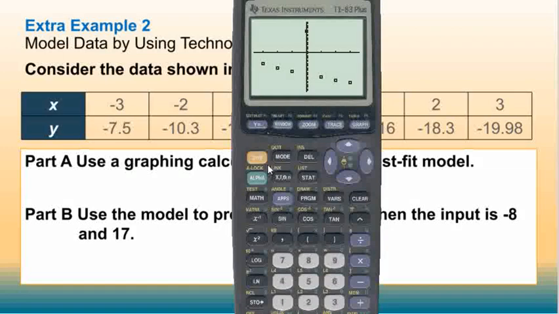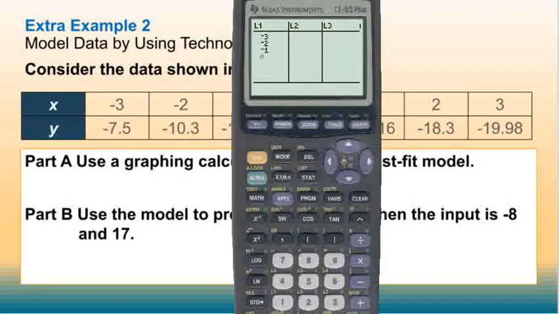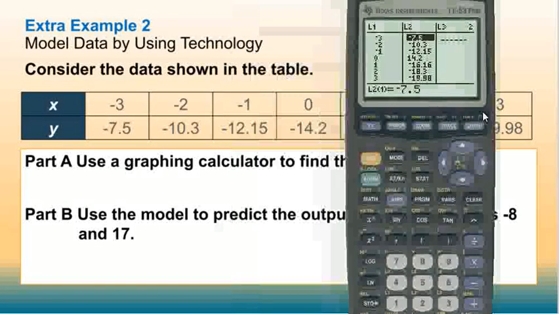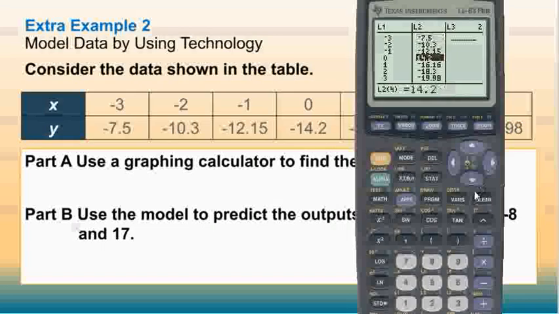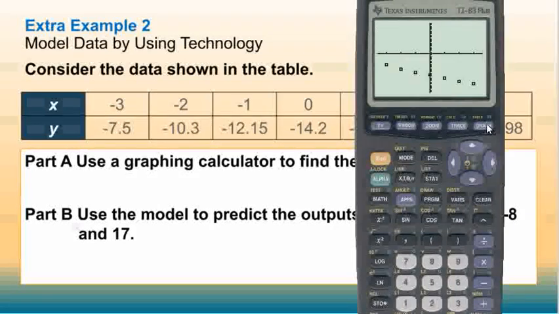Let me check something here. Yeah, this one should be a -14.2. There we go. Now we graph that.